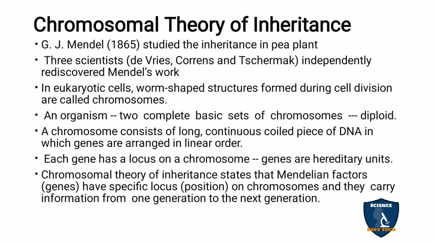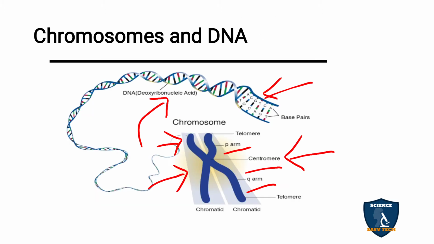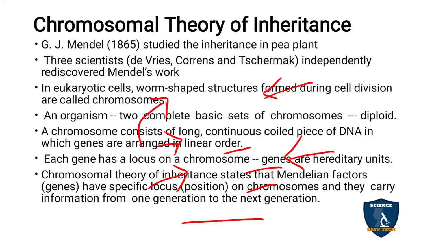In eukaryotic cells there are worm-like structures, like you can see. It looks like a worm, like an earthworm, I am giving the example of an earthworm. That worm-like structure is called chromosomes, and chromosomes are in diploid condition, that is, they have 2 sets.